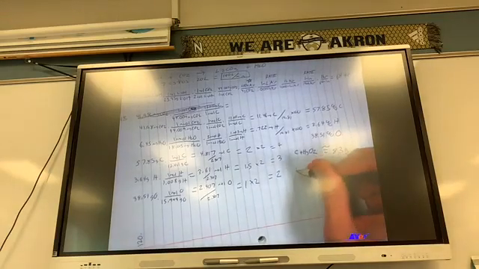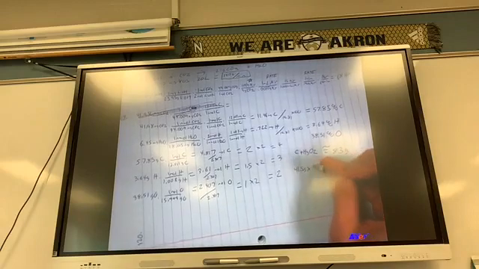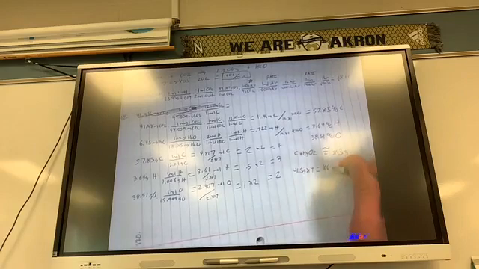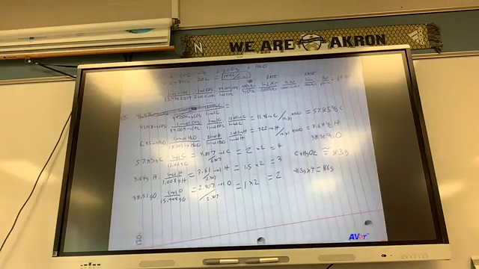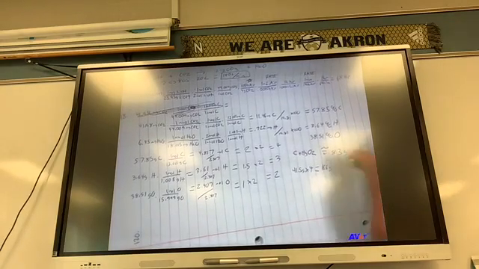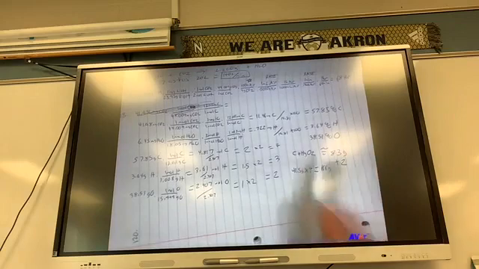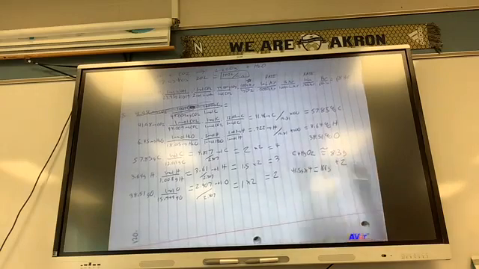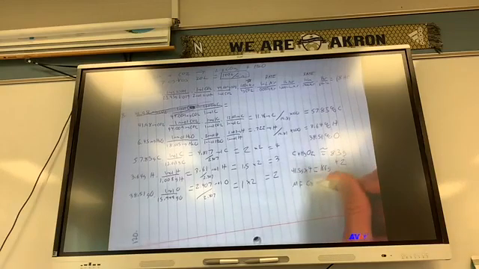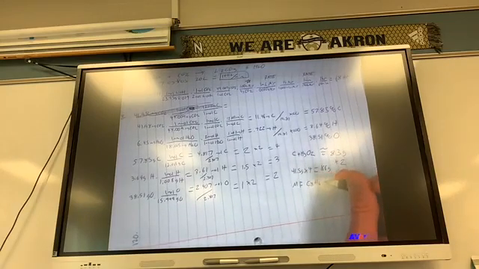So I'm going to take my 41.5 grams times 4, which gives me 166 grams. Well, 83 times what gives me 166? 2. So I have to multiply all these by 2. So the MF is C8H6O4.